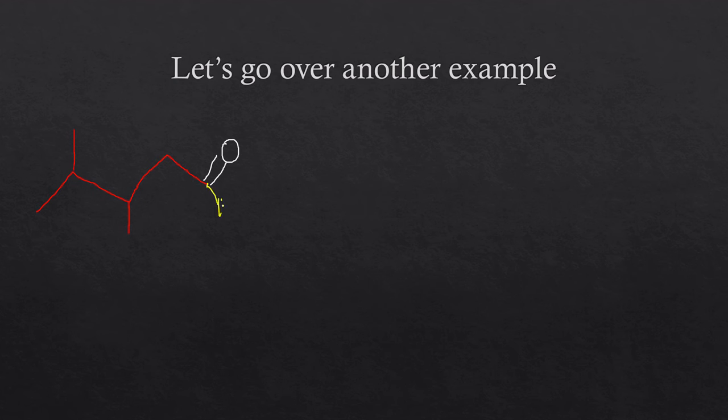So it's assumed that there's a hydrogen here, but in a skeletal diagram, you typically don't show the hydrogen. So we know this is an aldehyde because our formyl group is right here.